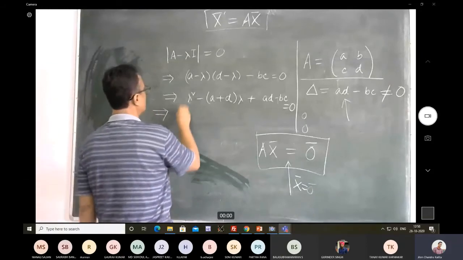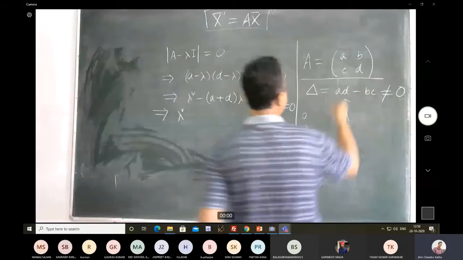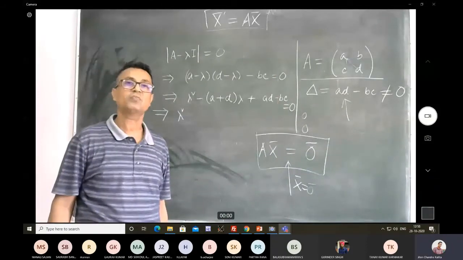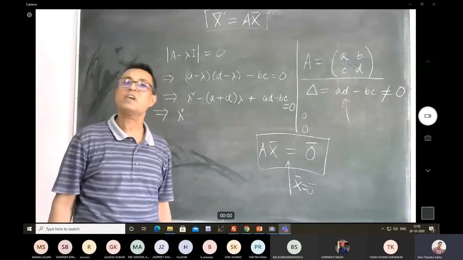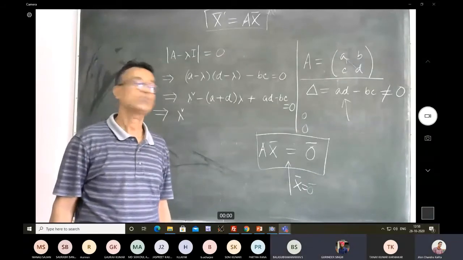This I can write as lambda squared minus tau lambda plus delta equal to 0. See here, a and d are nothing but the diagonal elements of that matrix A. Their sum is called what? Trace.